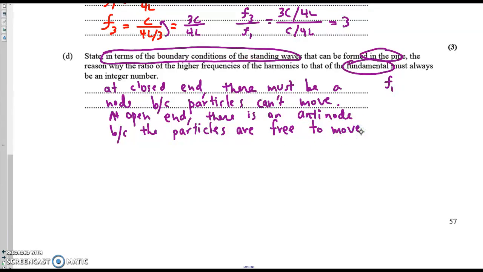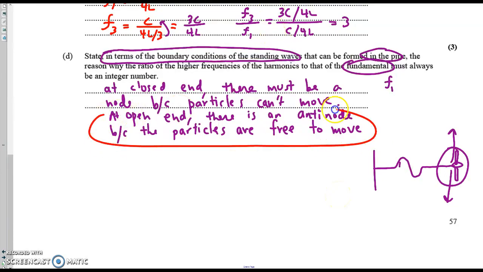That's not something we've really proved, but we saw a video at one point with the string, and we sent a pulse through, and it was free to move at the edge. When the pulse reached this edge, the edge went really high and really low, and that kind of demonstrated this property.